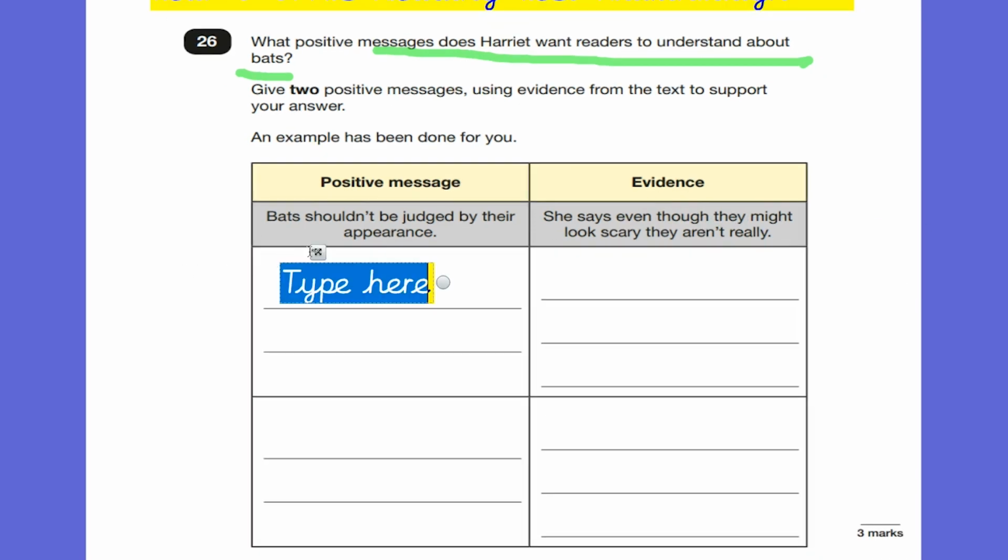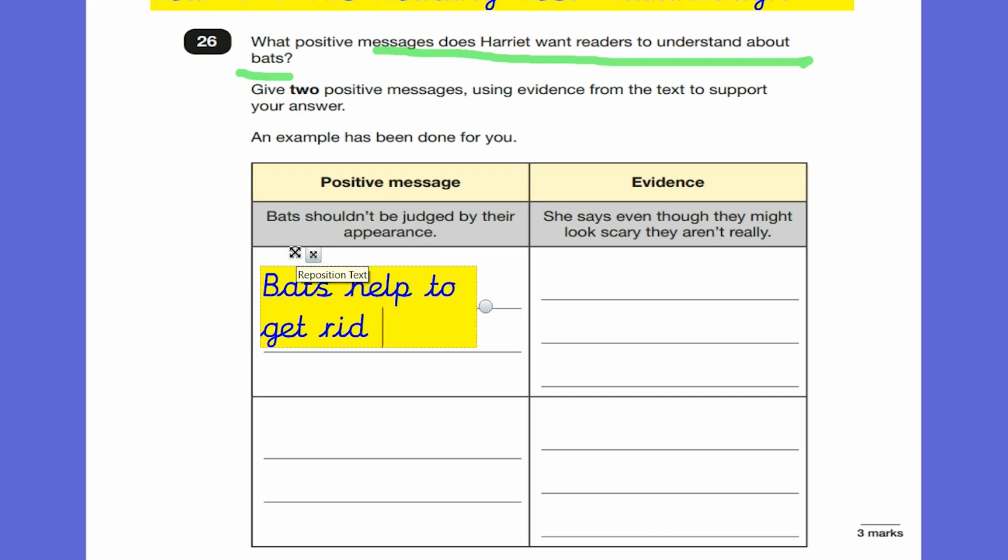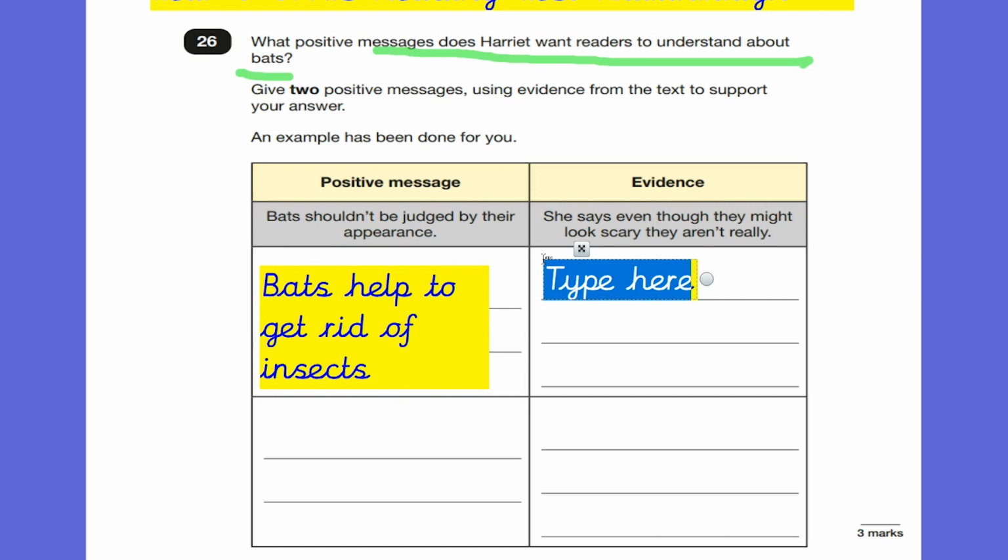So another positive message I would say about this text is that bats help to get rid of insects, and the evidence would be that they actually eat about 15 million. No, they eat about 10 tons of insects, don't they?